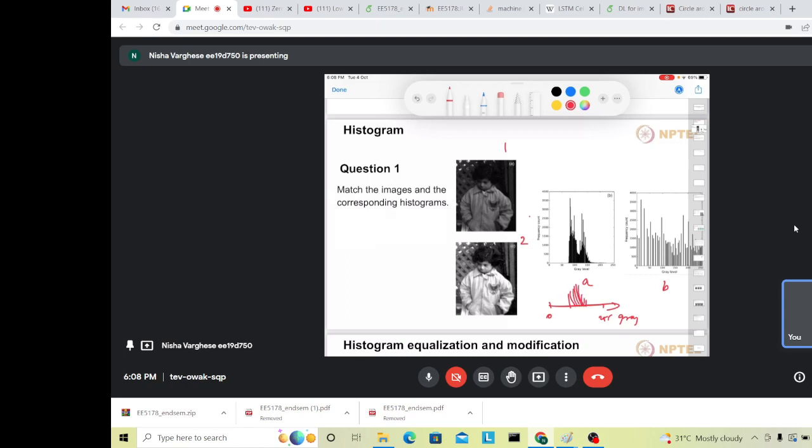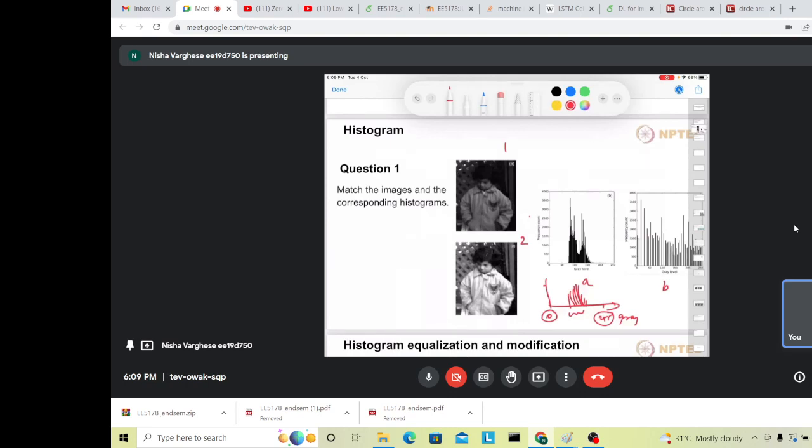So it means that the pixels have only this many gray levels. It doesn't have 0 black intensity and it doesn't have a bright intensity. So the image has only gray shades, no black or white. So we can say the image has lesser contrast.